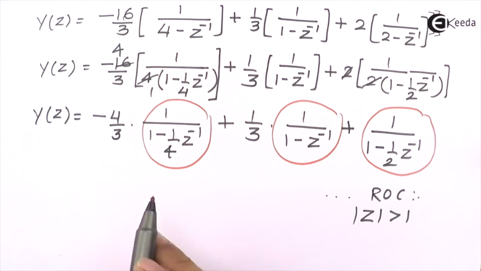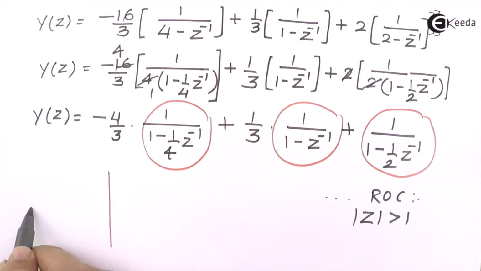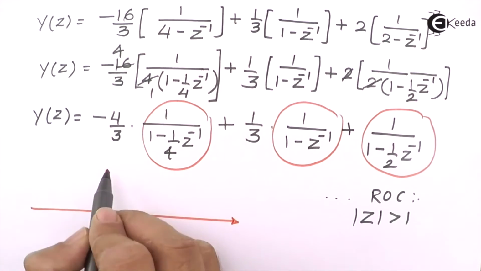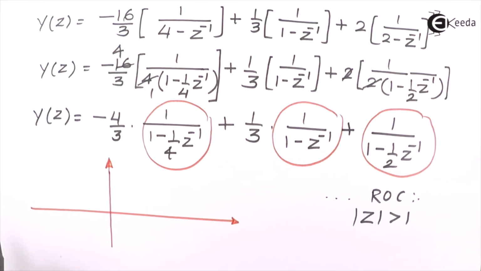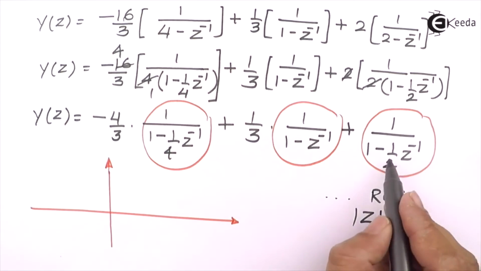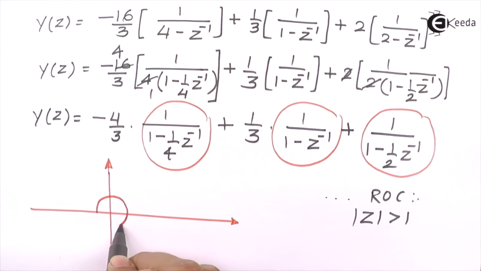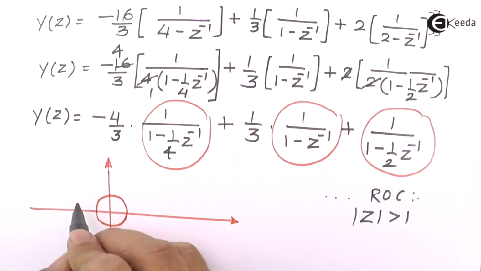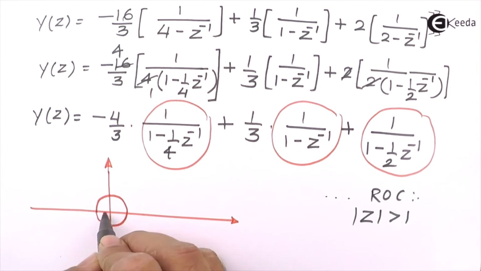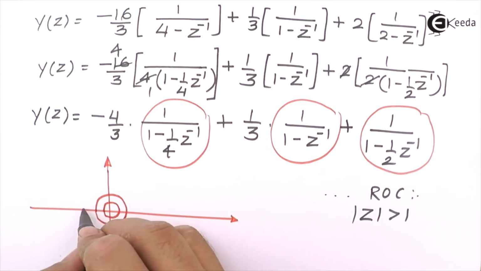So what we will do over here, we will plot poles and zeros in the Z plane. If you see properly, I am getting 3 circles: one of radius 1 by 2, second of radius 1 by 4, and third of radius 1.